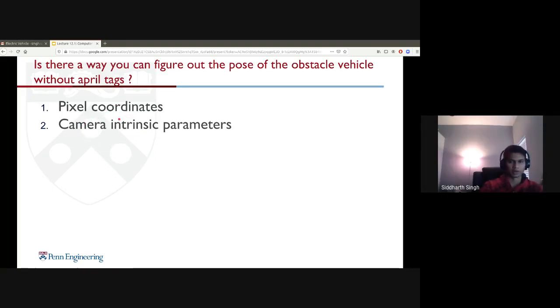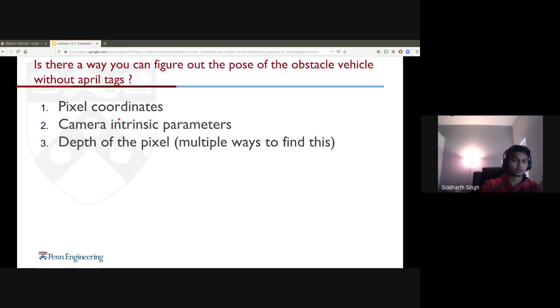I have the camera intrinsic parameters. Now, depth of the pixel, we have multiple ways to find this, which we'll talk about. So how do I take advantage of a stereo camera, knowing that it provides us with depth, and how it provides us with depth is what we'll talk about in a second.